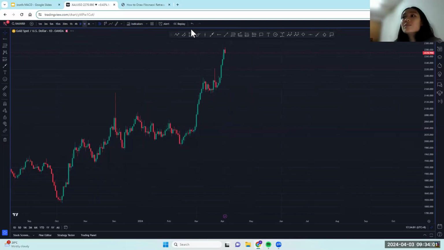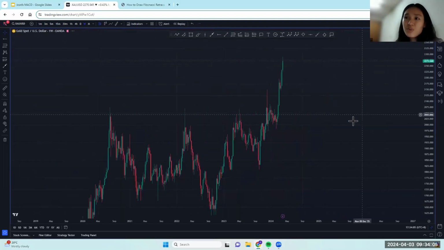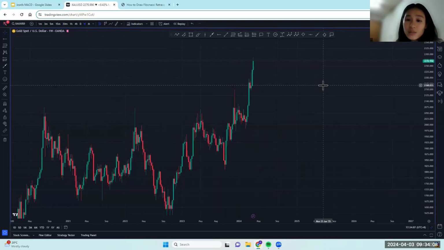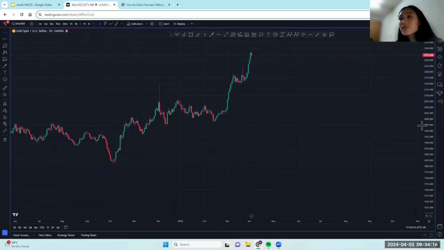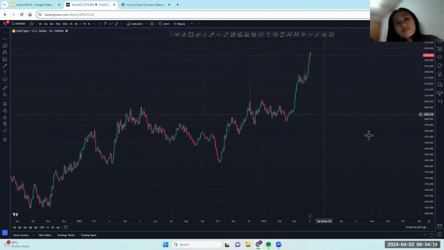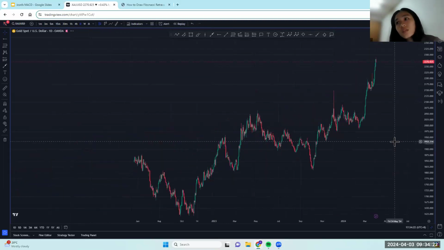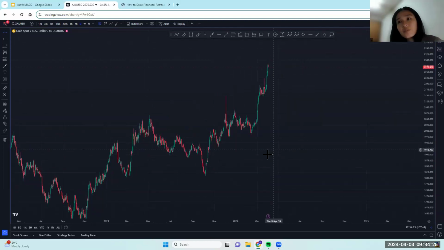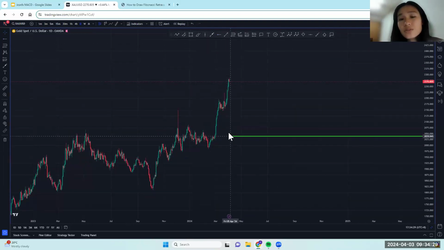Okay. Same thing. I'm gonna start off with the higher time frames. Weekly time frame, you can see price is definitely moving in an uptrend. Okay. Now taking a look at our daily time frame. Okay, also moving in an uptrend. Okay, and let's go ahead and add our support and resistance levels.